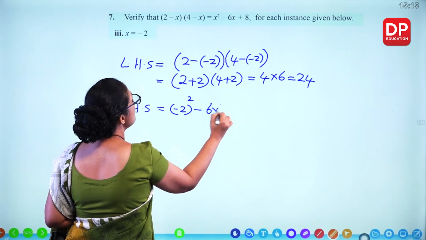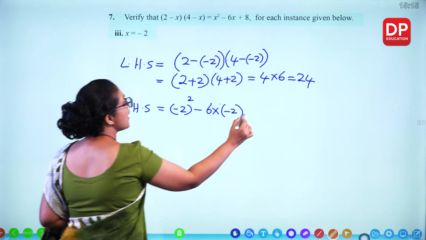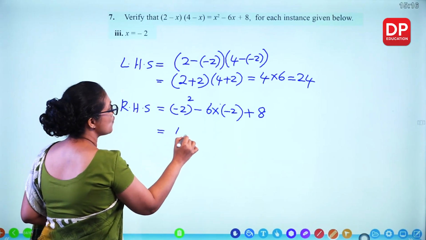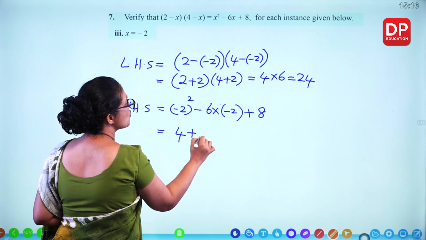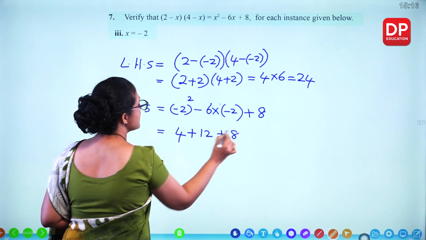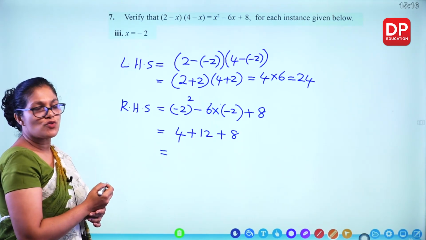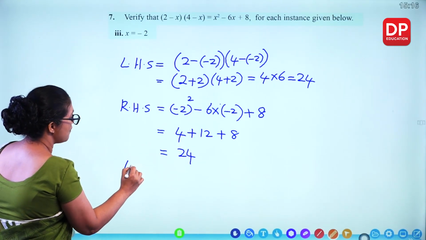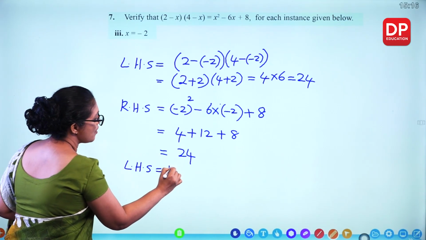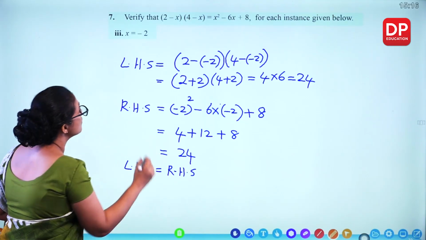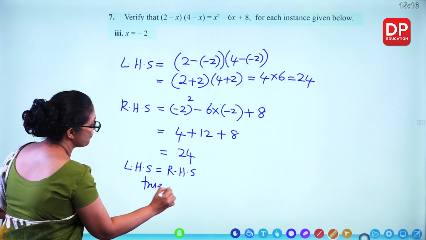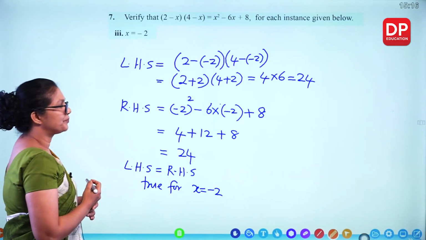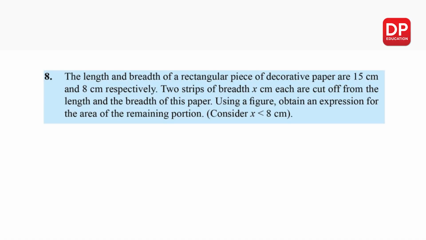Minus 6 into minus 2 plus 8. Minus 2 times minus 2 is plus 4. Minus minus here plus 12 plus 8. So 12 plus 12, 24. So you are getting the same answer. Left hand side is equal to right hand side. So true for x equals minus 2.